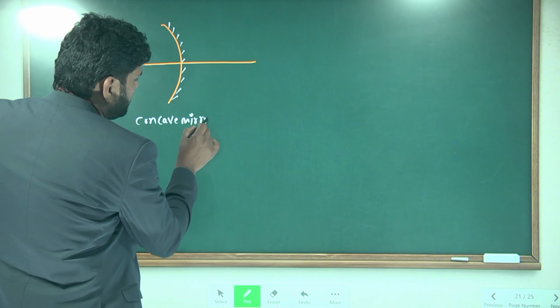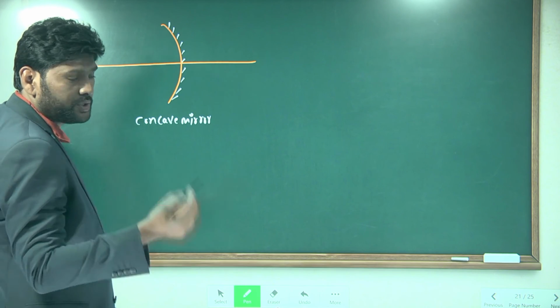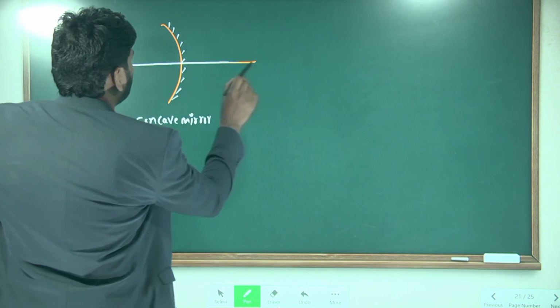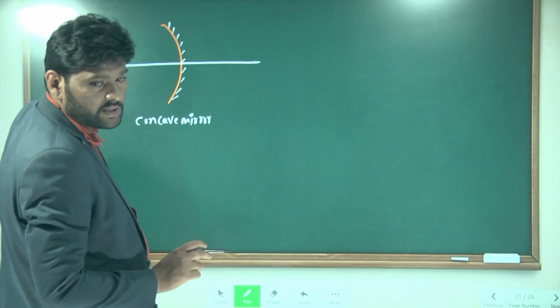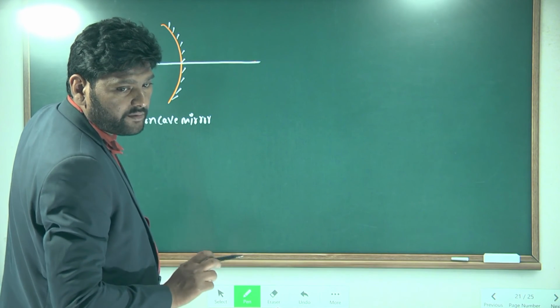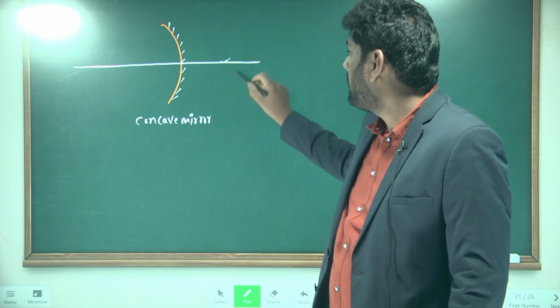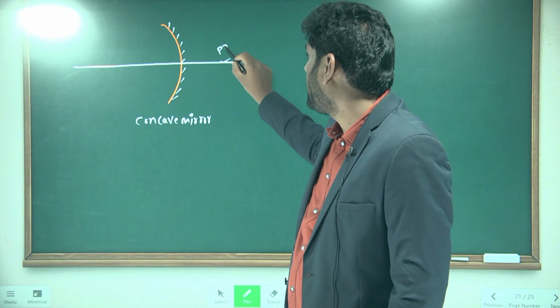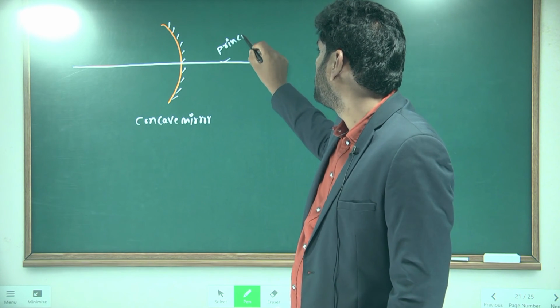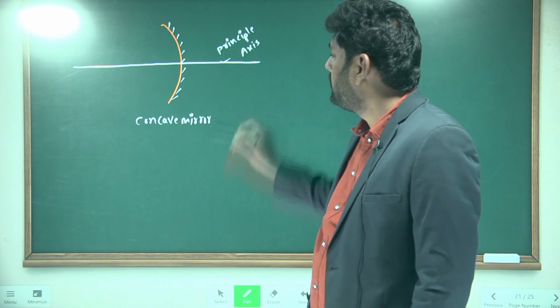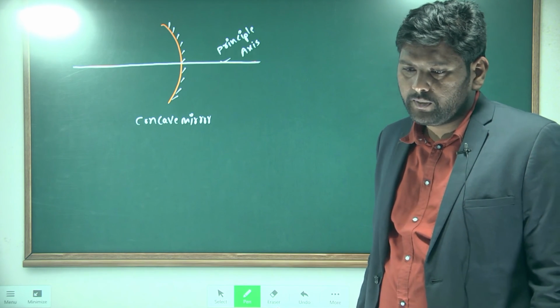When this is a concave mirror, I'll give some positions. Tell me, what is the name of this line? Principal axis.